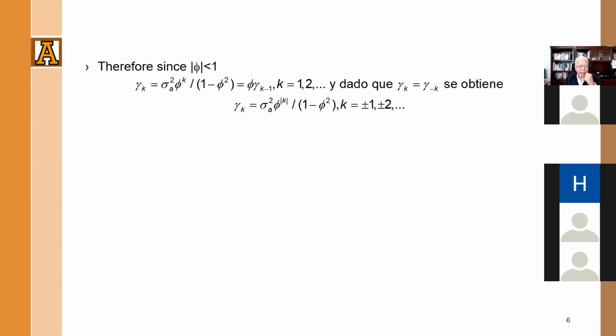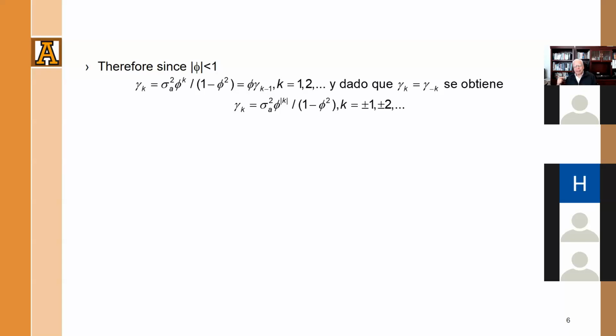So this is going to be equal to phi times gamma sub k minus 1. So the autocovariance at k separation between two observations, two data points, is going to be phi, which is the coefficient, the parameter that determines this model, times the autocovariance of k minus 1 lags.